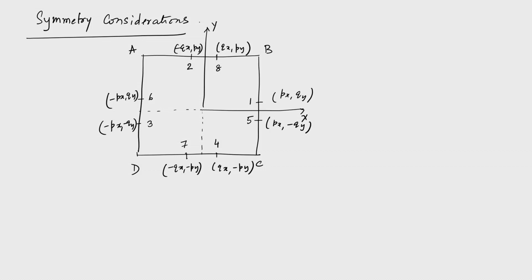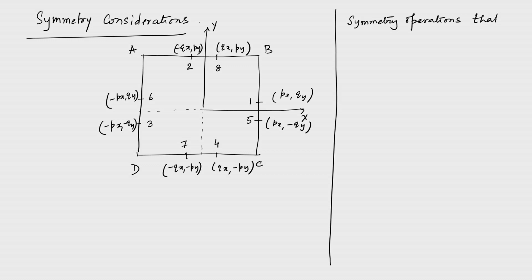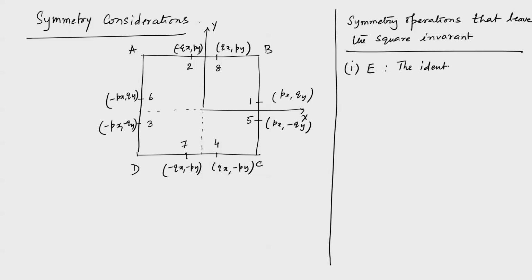Now, let us look at the symmetry operations that leave this square invariant. So, one is called E, the identity operation, which of course leaves anything invariant, you just multiply it by 1.